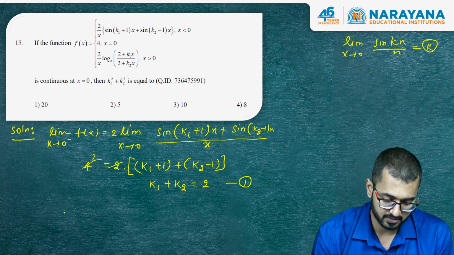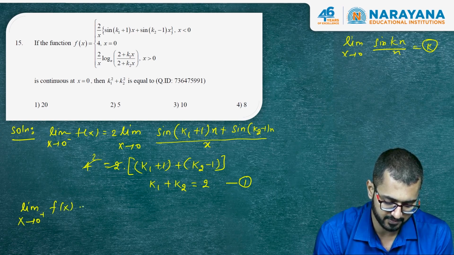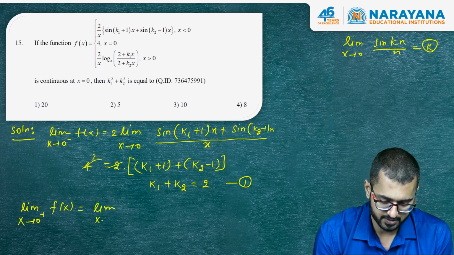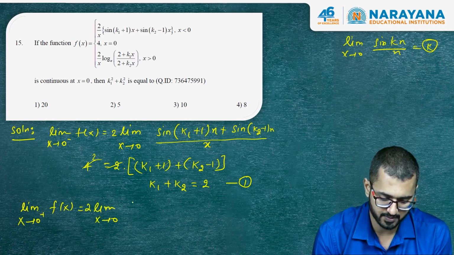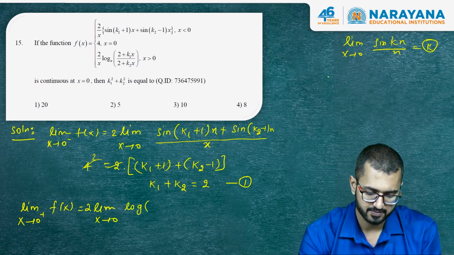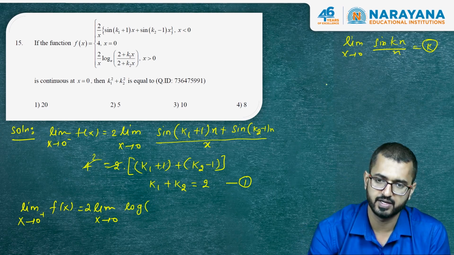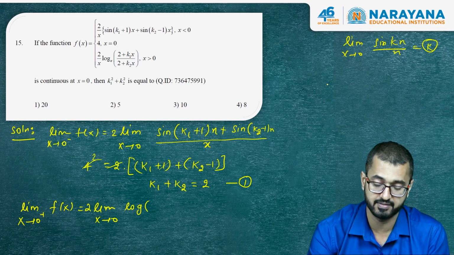Also we will find the right limit. So in the right limit we have limit x tends to 0 plus f of x, which will give me limit x tends to 0. Here also we have to take this out, and log will be written in this form. Here we are doing one stunt first: it's 2 plus k1 by x and then 2 plus k2 by x. If we directly write 2, then we have to write 1 plus k1.